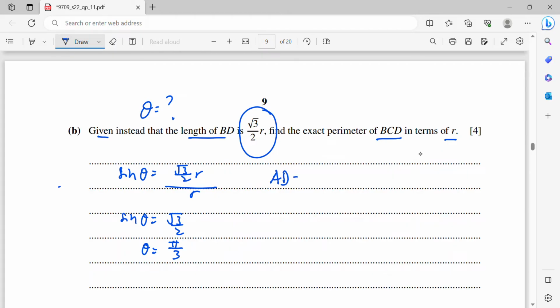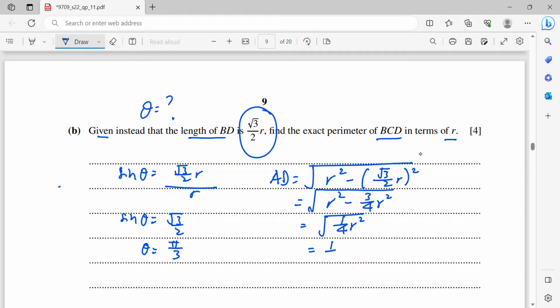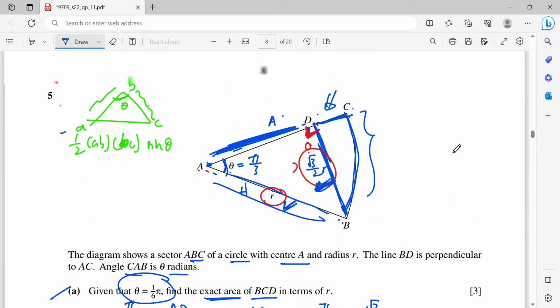So my AD is square root of R squared minus the opposite side, root 3 over 2 R, squared. So from here, it will be R squared minus 3 over 4 R squared, and then square root. And then you will get square root of 1 over 4 R squared, which is half R. Okay, I found the AD. So AD is half R.